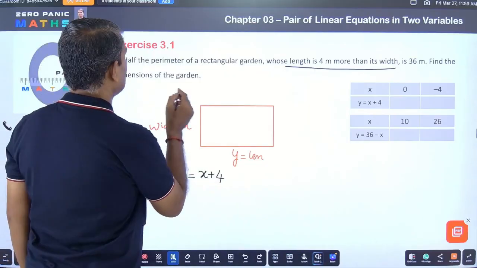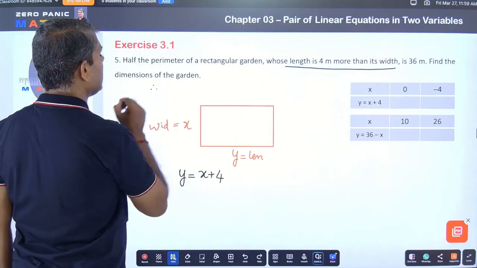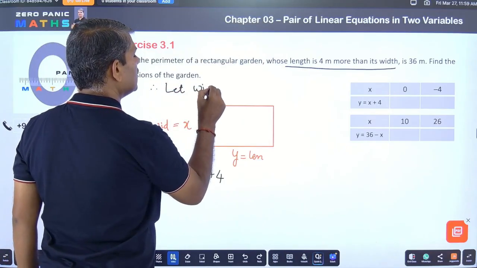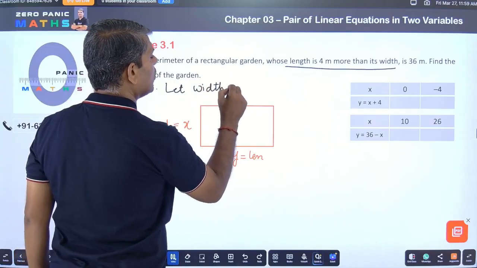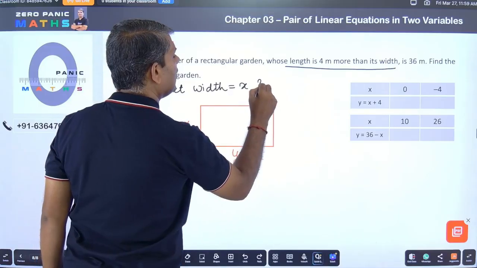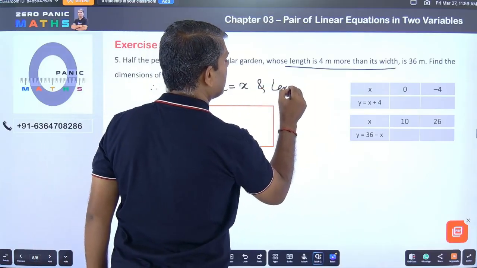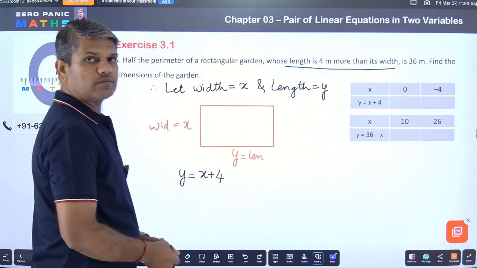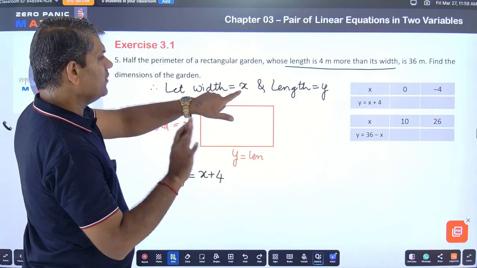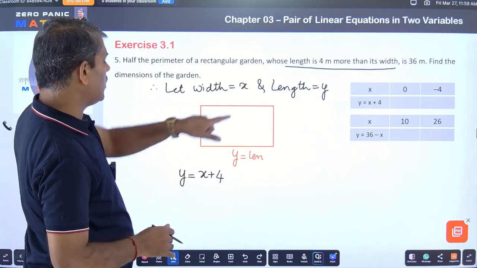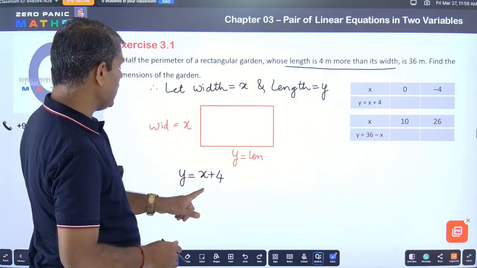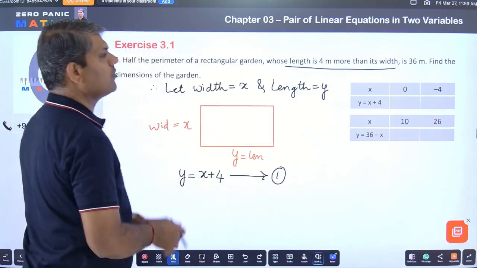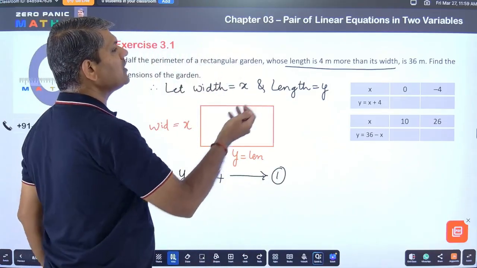Therefore I can say let width be equal to x and length be equal to y. So assuming that width is equal to x and length is equal to y, we are actually taking this equation 1 from the given.